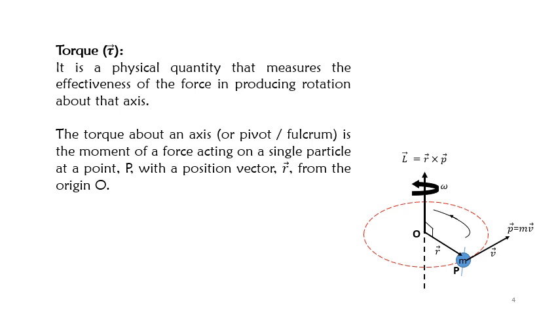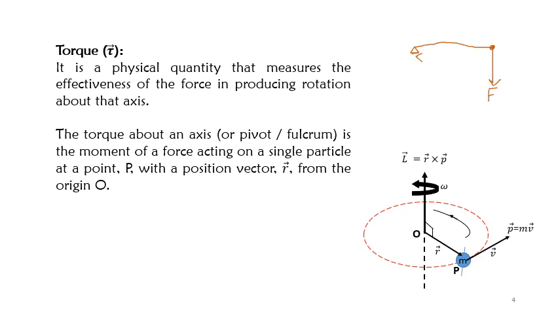You call this moment in secondary school, when you have a fulcrum. Assume the point O, the center of the axis of rotation, is our fulcrum or pivot. Then you have an object and a force acting on that object.